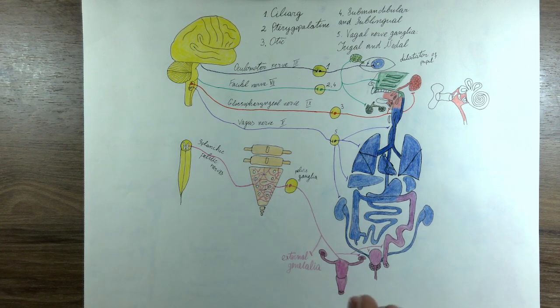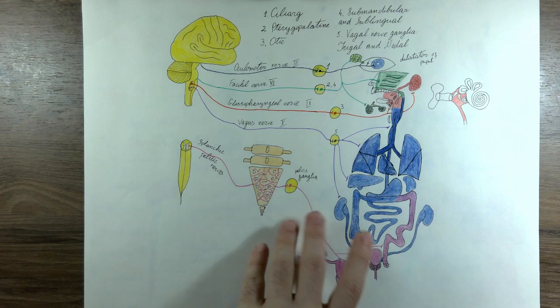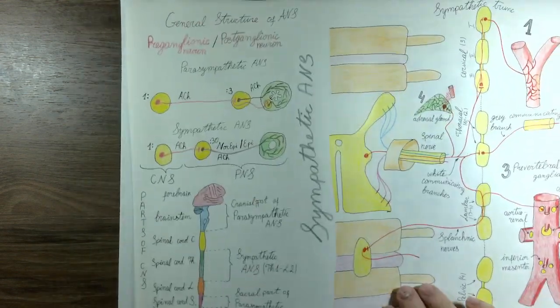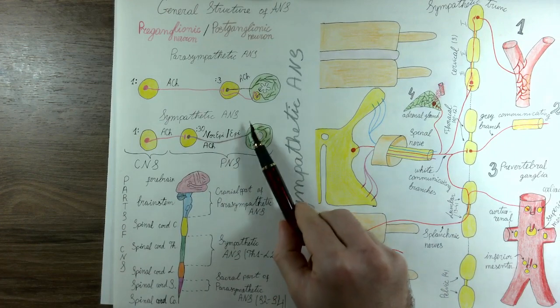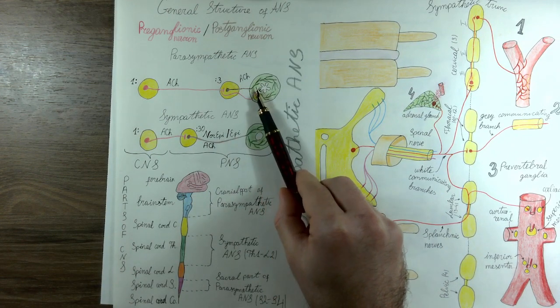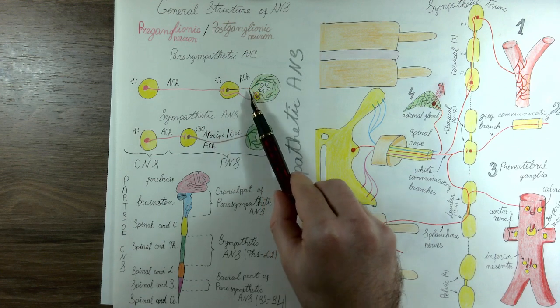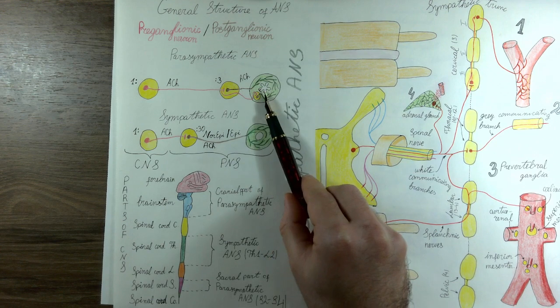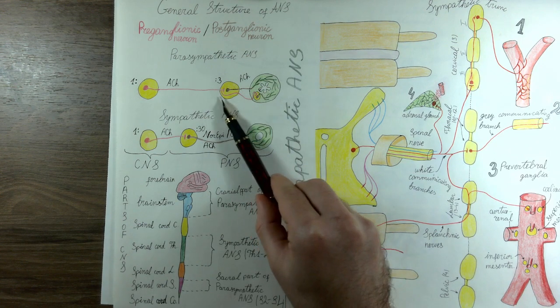Well, that's pretty much it. Something else that I forgot to mention is that these are the effector neurons, right? Basically, these are the motor neurons, or since they affect organs, they are also called visceromotor neurons. So this is the output.